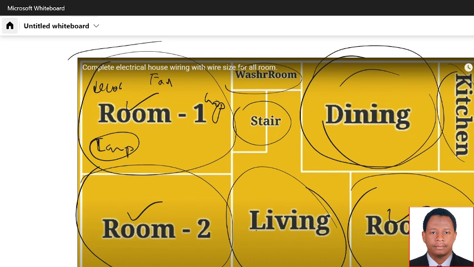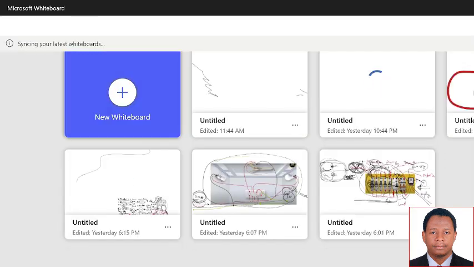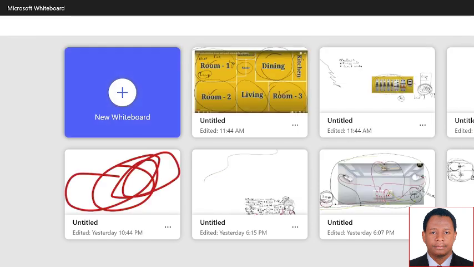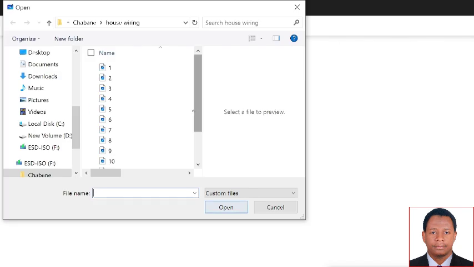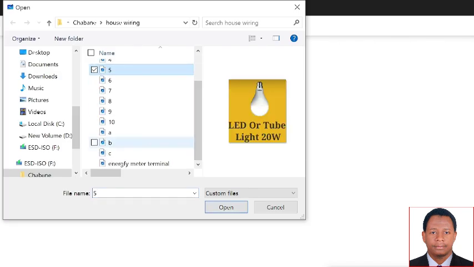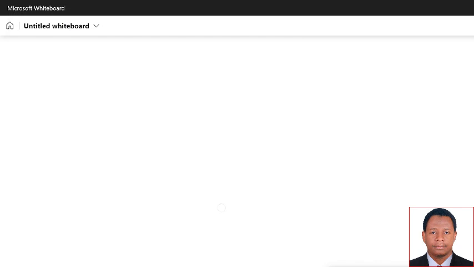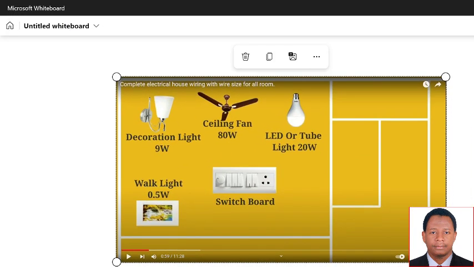So how is our house going to be? Our house is going to be like this one. At first, let's look at this one. Our house wiring is going to be connected like this.